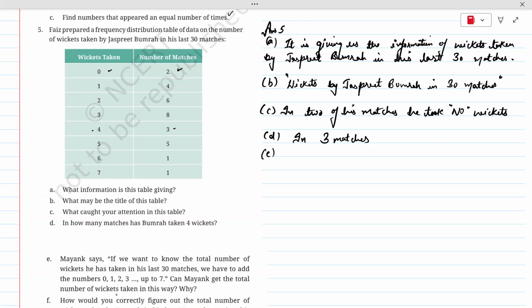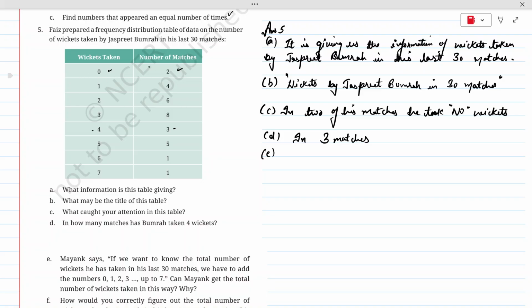Can Mayank get the total number of wickets taken by this way? Why? So kids, if you look at this carefully, this number corresponds to 2 matches here. That means in 2 of the matches he took 0. And here next in 4 of the matches he took 1. So that means 4 wickets he took in this particular column.